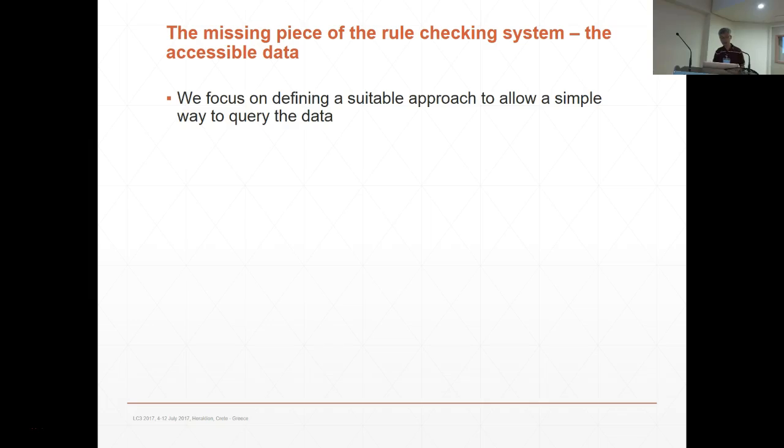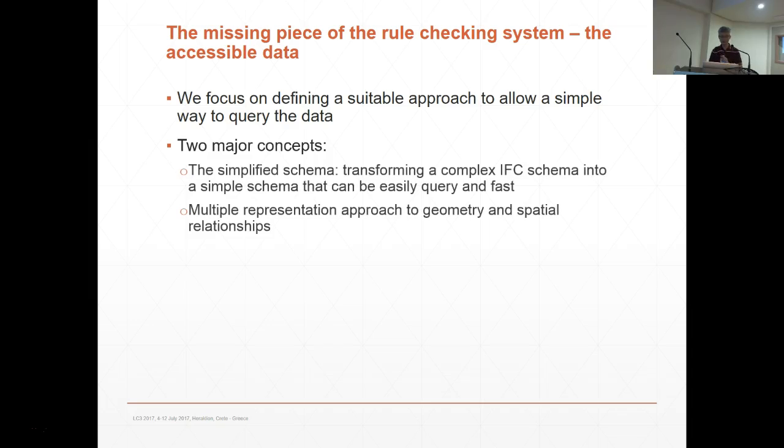So what we try to do really is to look at whether there is any way to help us query the data in a simple and straightforward, or at least familiar, way. As I mentioned, that includes geometry and spatial. So there are two major concepts involved. The first one is simplifying the data: we transform the complex IFC model into something simpler.